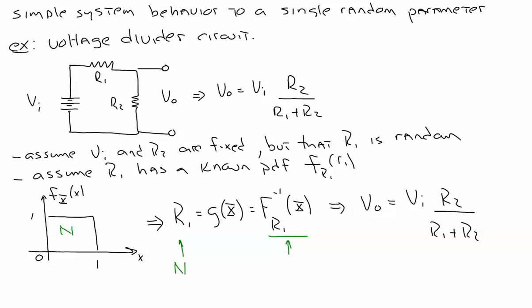Plug those into the denominator of my voltage divider relationship and come up with N values of my output voltage, do normalized histogram analysis on V0, plot the probability density function, calculate mean, mean squared, variance, standard deviation, all that kind of stuff. All right?